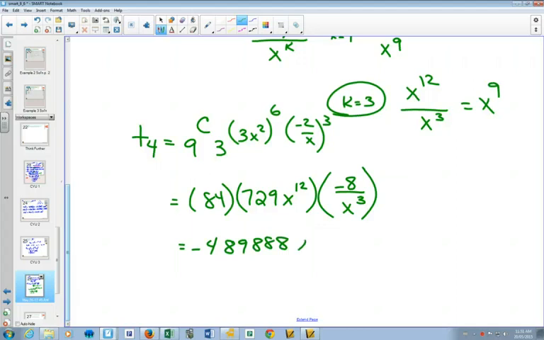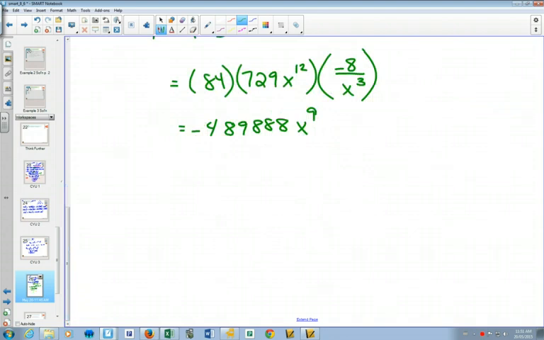And our x to the 12 and x to the 3 simplify to give us just x to the 9. So there's the term containing x to the 9 in the expansion. Happens to be the 4th term. We're going to do one more example like this.